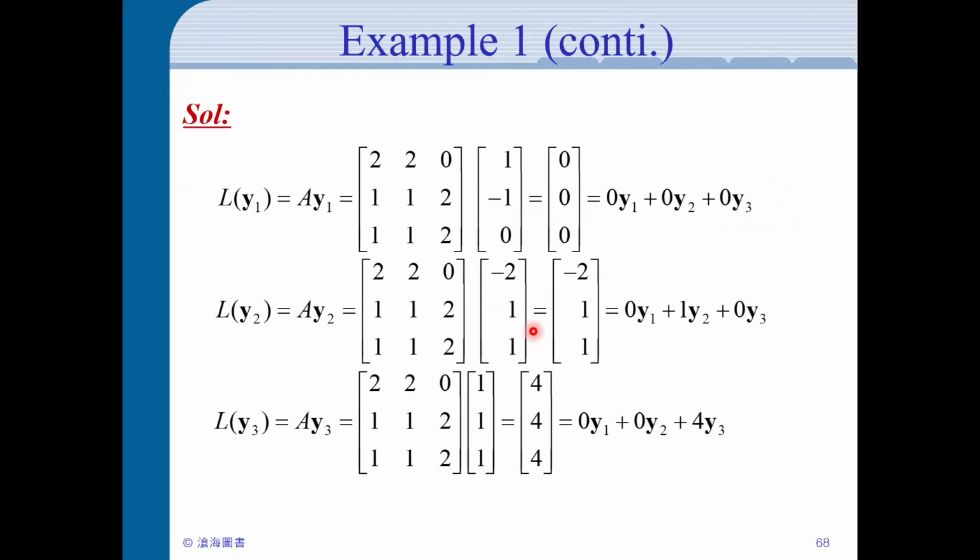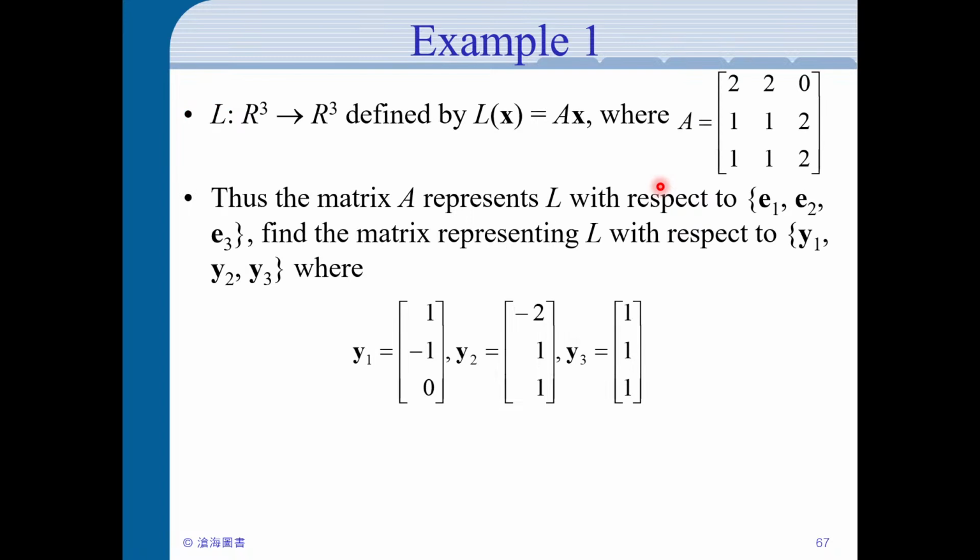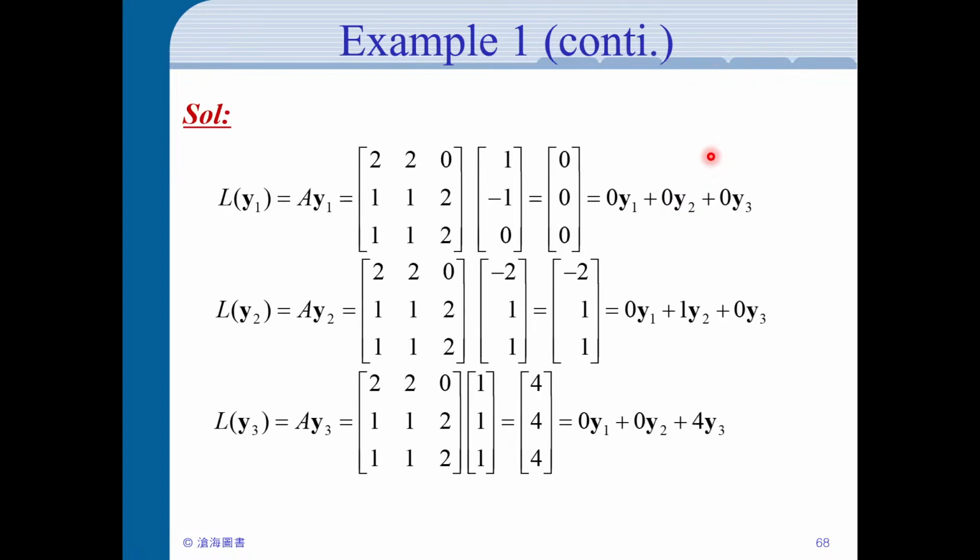But let's do this slower once again, in the standard way. You find L of y1 by applying the matrix, and you find it is 0. So this linear transformation has a non-trivial null space, because applied on y1 it becomes 0. Then on y2 you find this, and on y3 you find this.